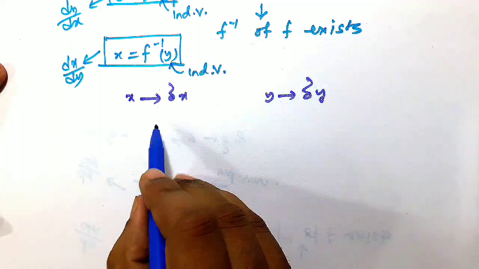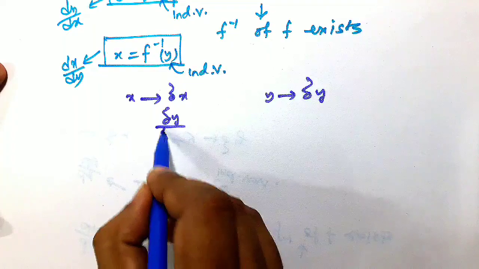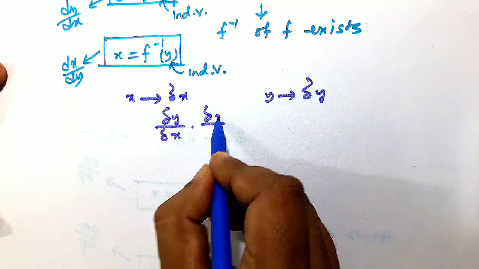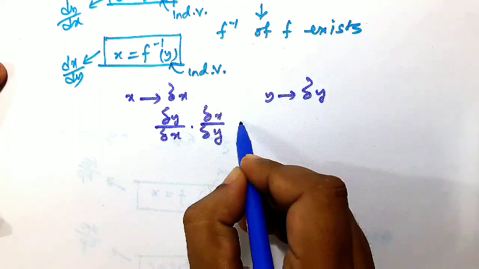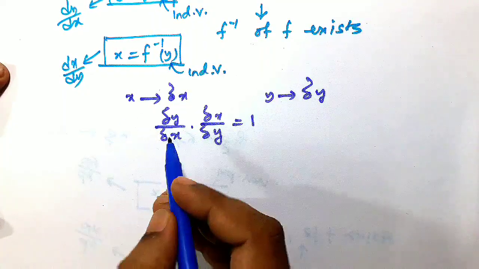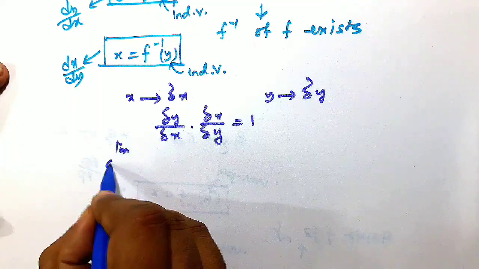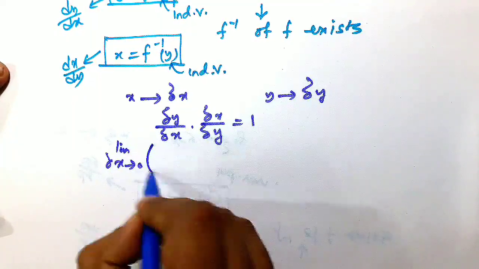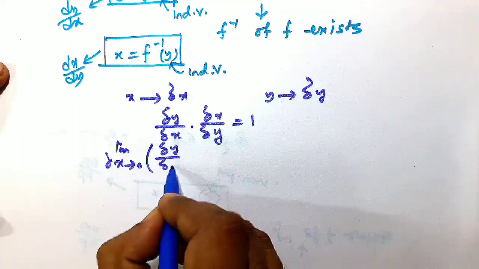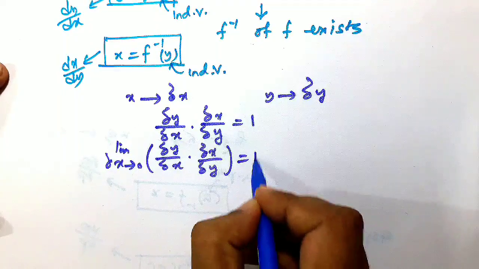Now we can write delta y/delta x into delta x/delta y is equal to 1. So taking limit of both sides when delta x is tending to 0, we get limit delta x tends to 0 of delta y/delta x into delta x/delta y is equal to 1.